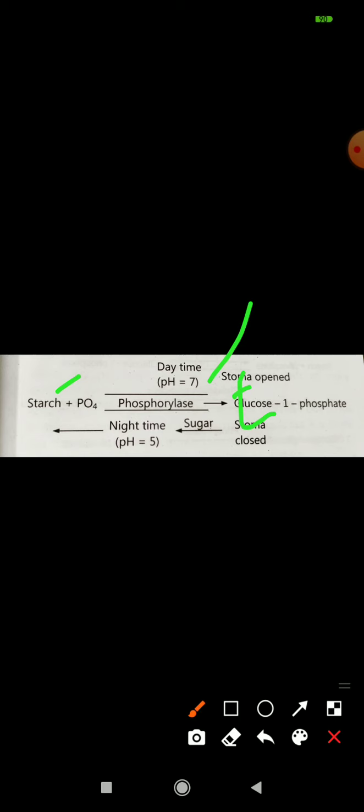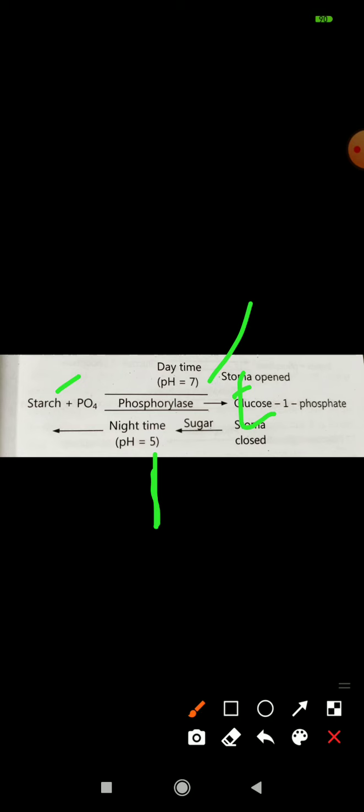But at night, during night time, carbon dioxide is released in the guard cell during respiration.